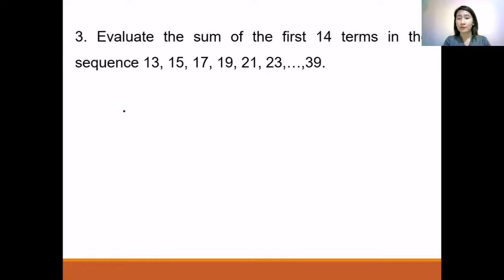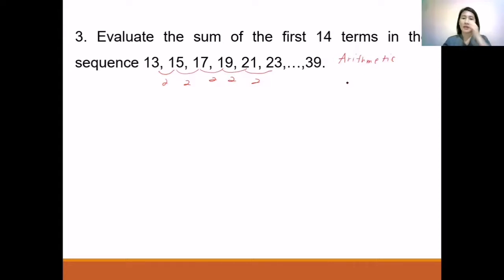But of course, we have to know first, are we dealing with arithmetic sequence or geometric sequence? So check your given first. Looking at the pattern, we are only adding 2 to get the next term. Therefore, the common difference is 2. Okay? Again, since we have common difference, then we are dealing with arithmetic sequence.